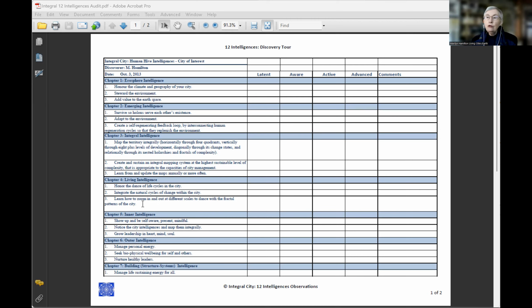So learning how to zoom in and out means, can I look at an individual and notice how they are in the context of a larger fractal, say the community, or how is the community here doing in relation to other communities in the city? So this living intelligence is taking into consideration not only the generations, not only change, but also being able to zoom in and out at different scales.